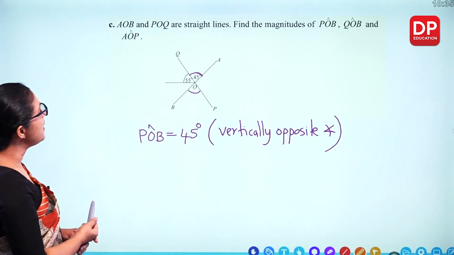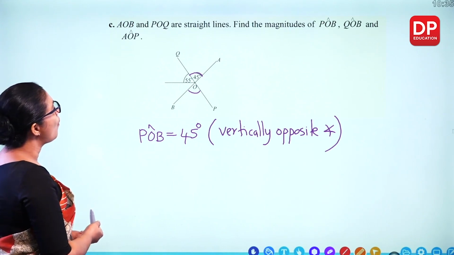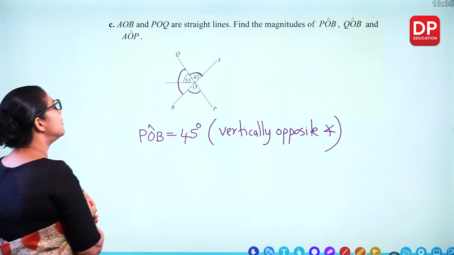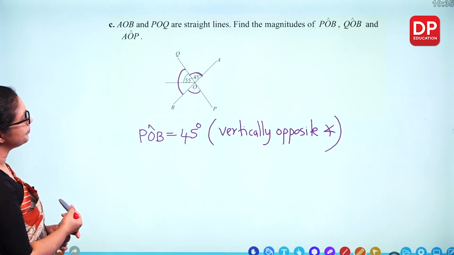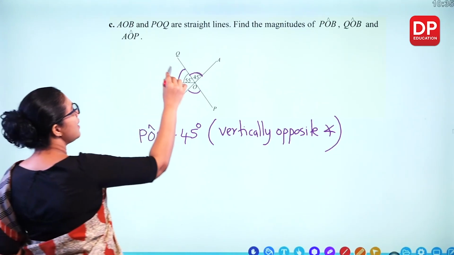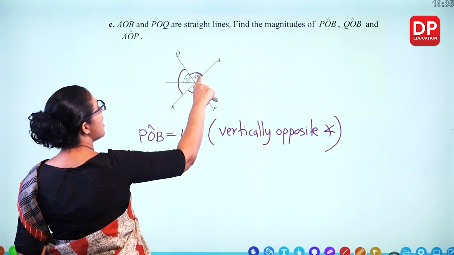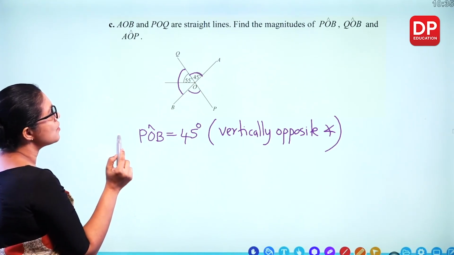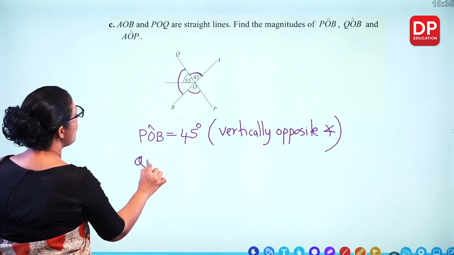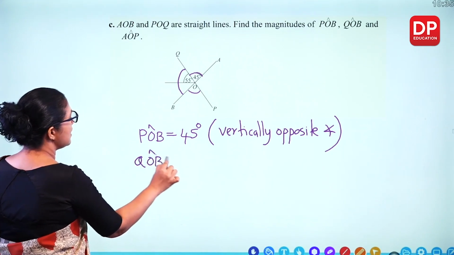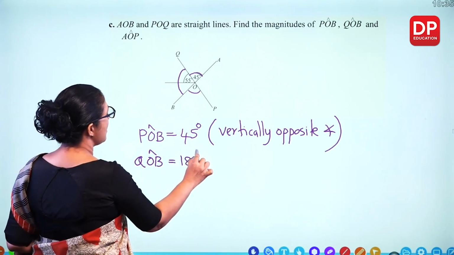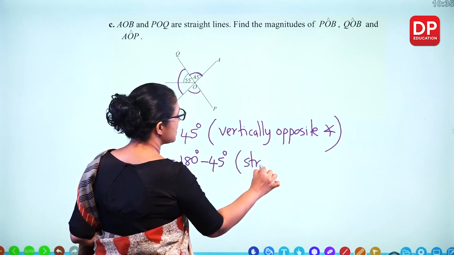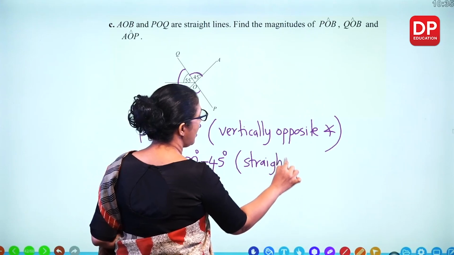Then QOB. QOB is this angle. What's that angle? We can use 180 minus 45 because AOB is a straight line. So the QOB angle is 180 minus 45 because of straight angle.